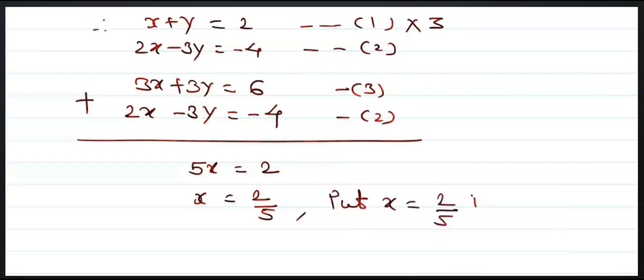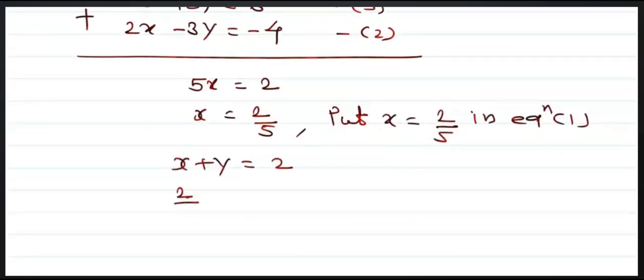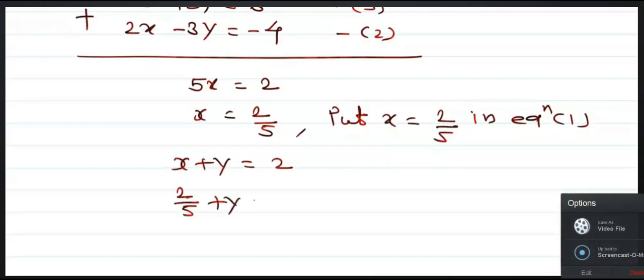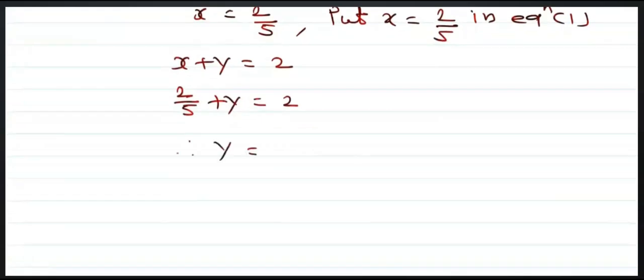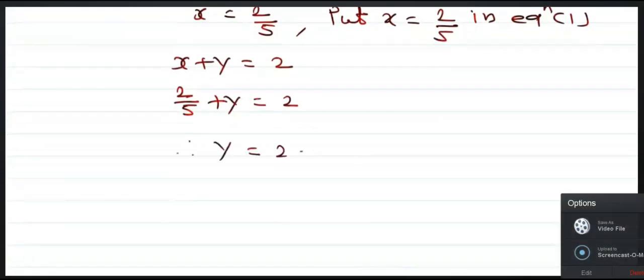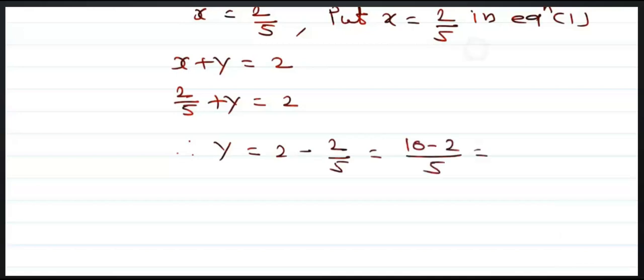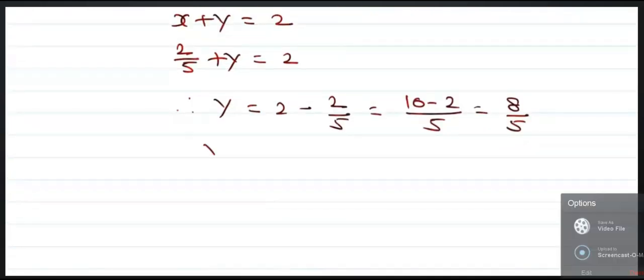Put x = 2/5 in equation 1: x + y = 2. Therefore, 2/5 + y = 2, so y = 2 minus 2/5, that is y = (10 minus 2)/5, which is 8/5.